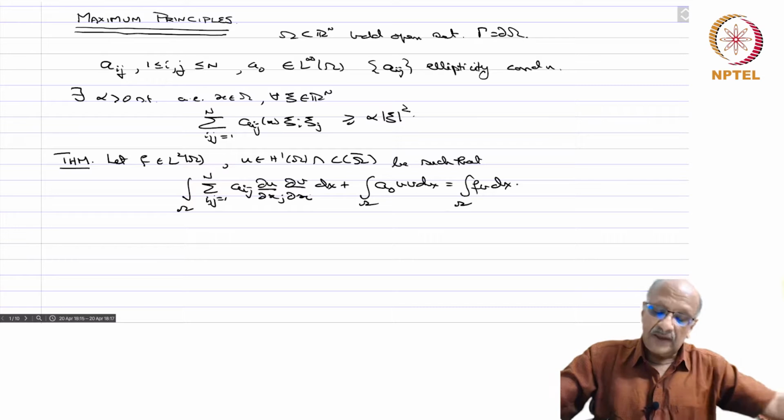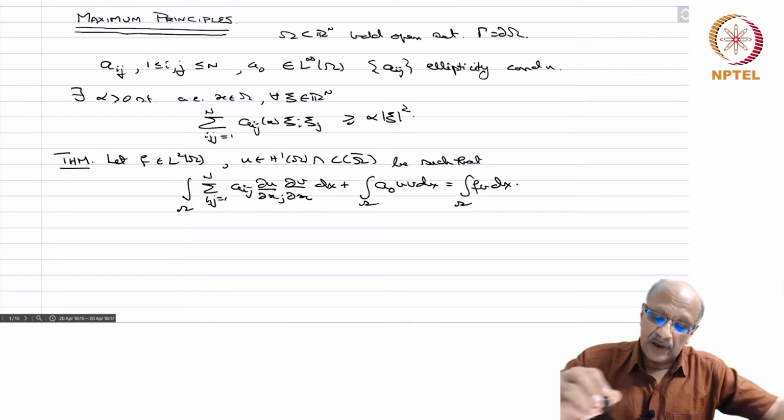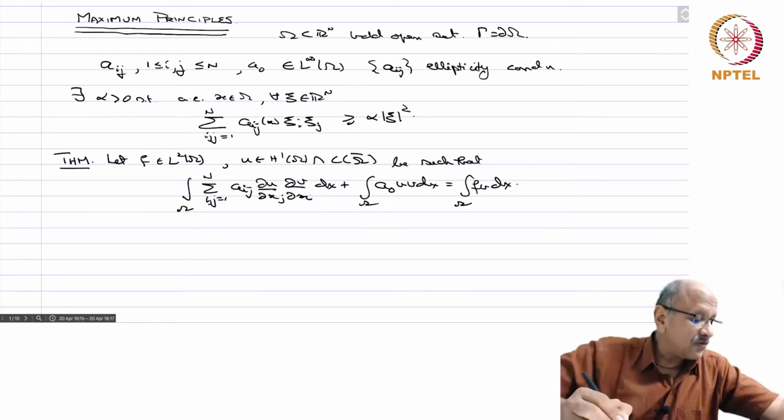So we are just giving that u in H1 of omega intersection C of omega bar satisfies a bilinear form A(u, v) equals F(v). We are not saying anything about the boundary conditions of this function here.